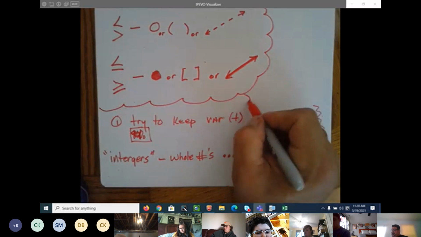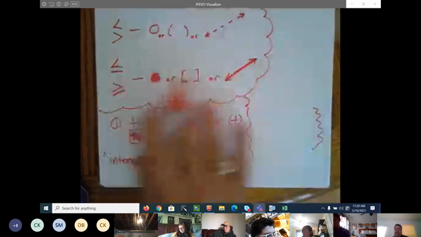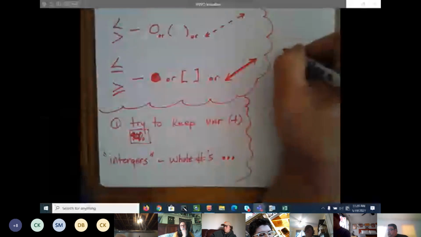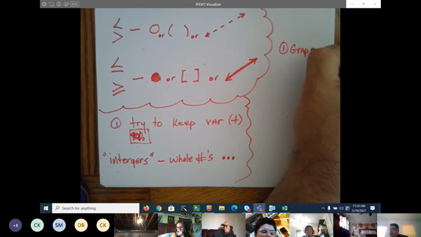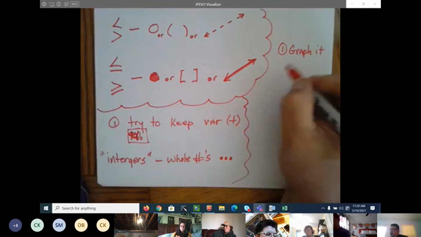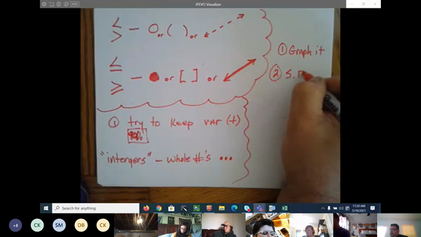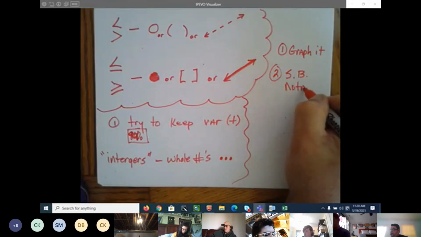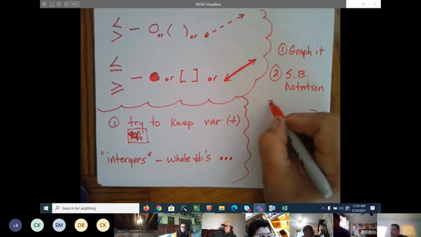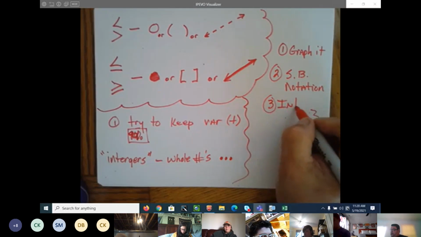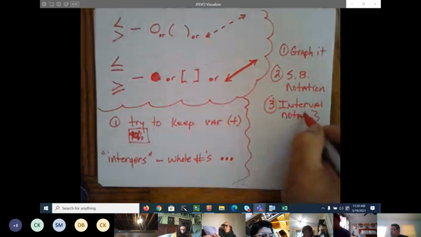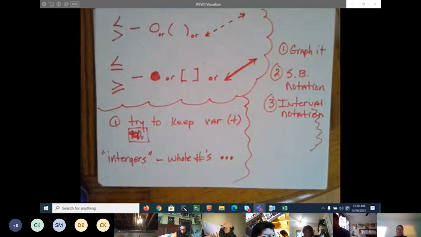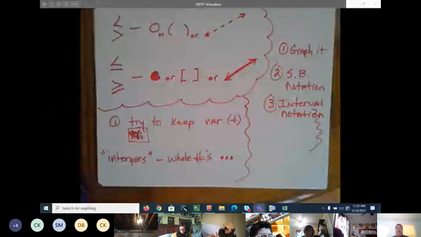And the last thing is, when you're dealing with inequalities, after you get the answer, graph it on a number line, write it in set builder notation, and then write it in interval notation. Those are the 3 or 4 things that you have to remember when you're going into inequalities.